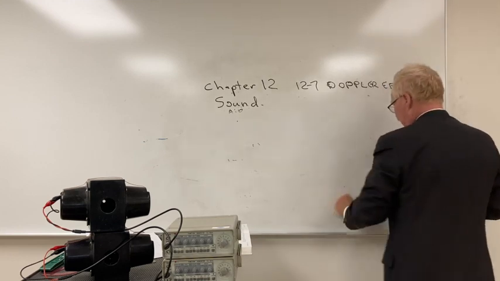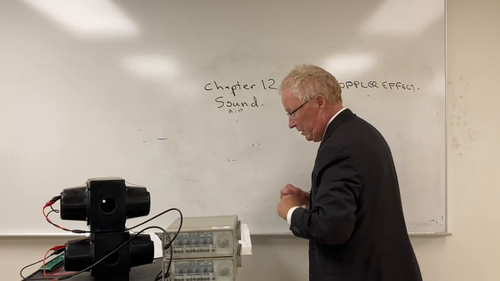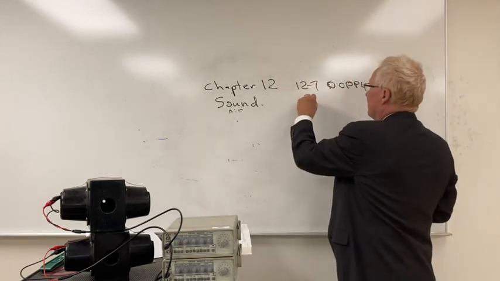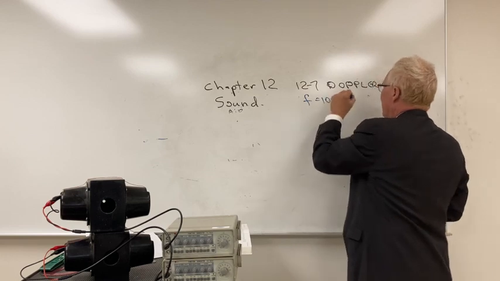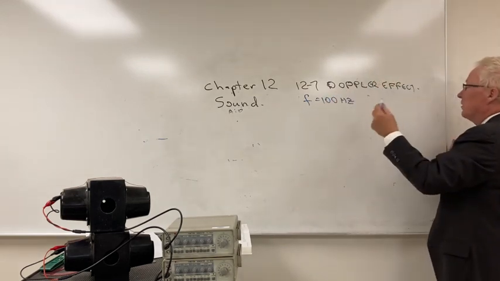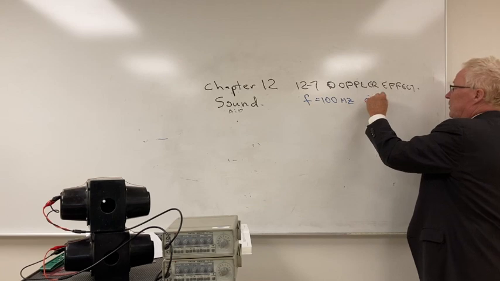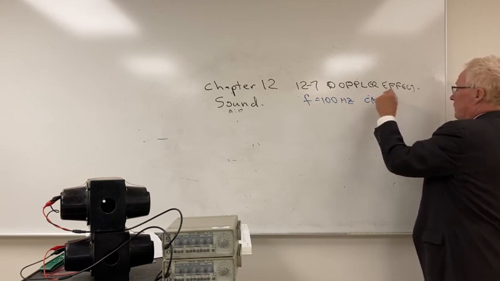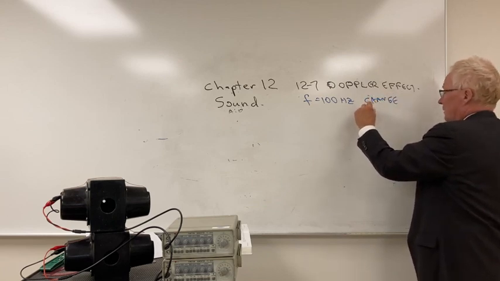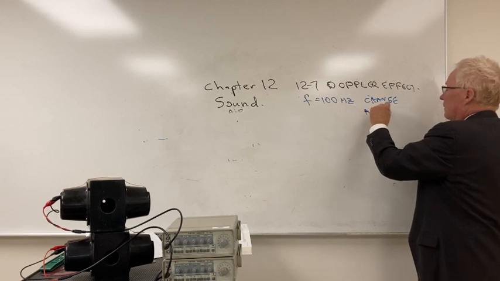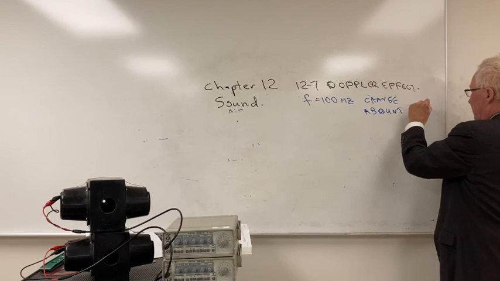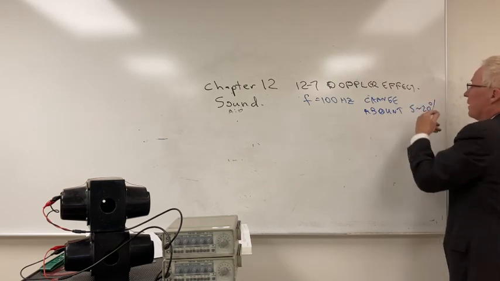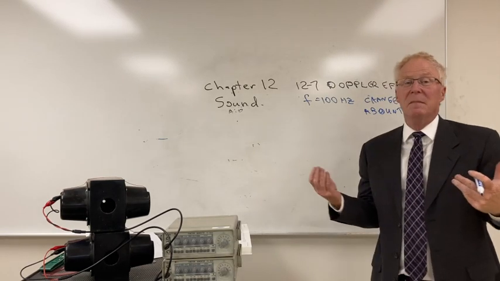I mean, you're not going to have, say, a frequency of 100 hertz doubling. The change is on the order of about 5 to 20% max, right? So it's not going to be doubling.